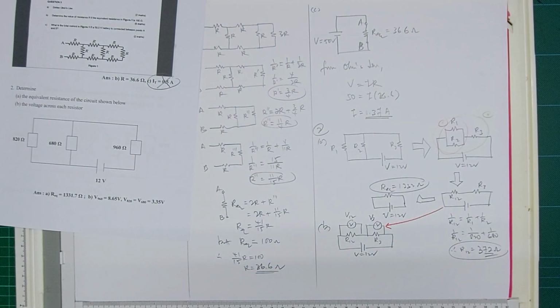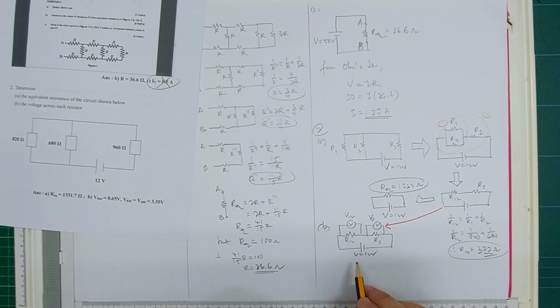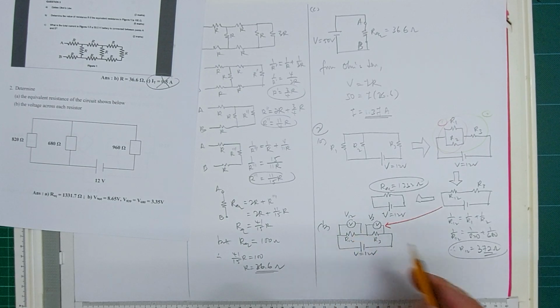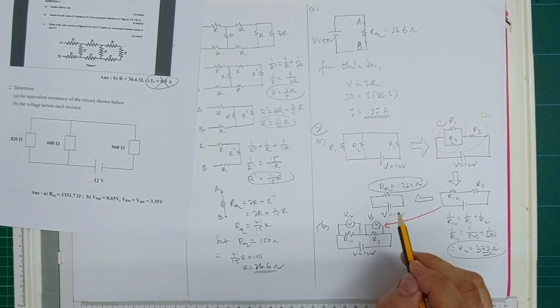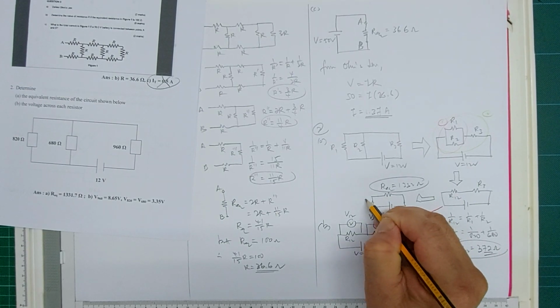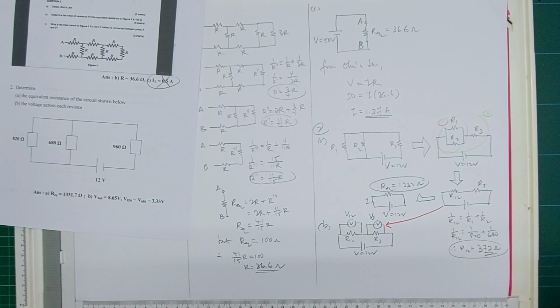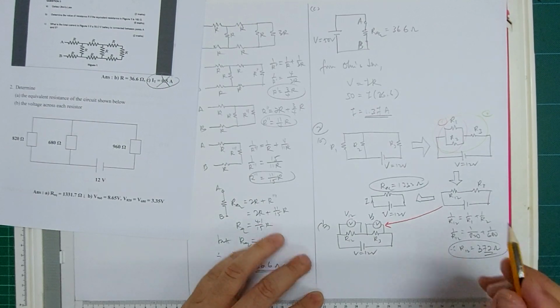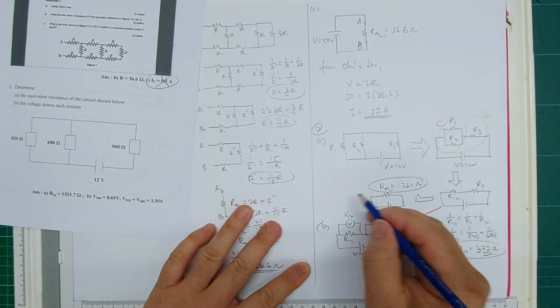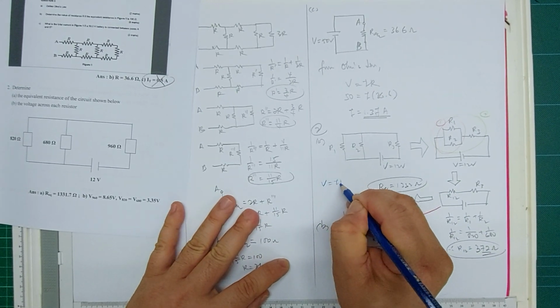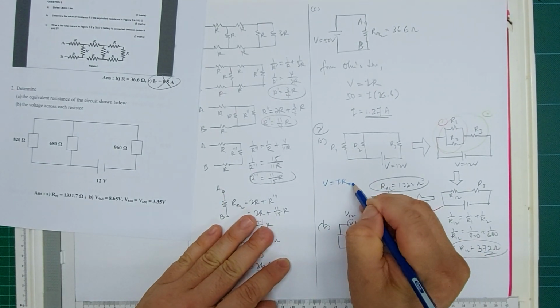Before you can calculate the voltage, the first thing we have to find out is the current here, so we can use Ohm's Law. I use blue color to calculate this part. According to Ohm's Law, V equals IR. Your R here is the equivalent.